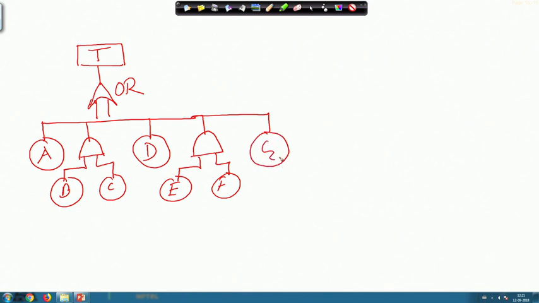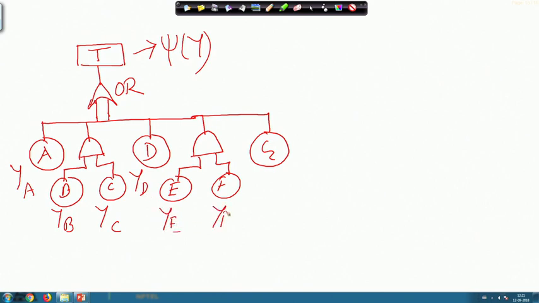So, now from this fault tree we want to write the structure function. How to write it? The indicator variable of the top event, let us take phi y. The indicator variables of the basic events are y a, y b, y c, y d, y e, y f and y g. Now, phi y will be y a union, as this is an OR gate, it will be union.